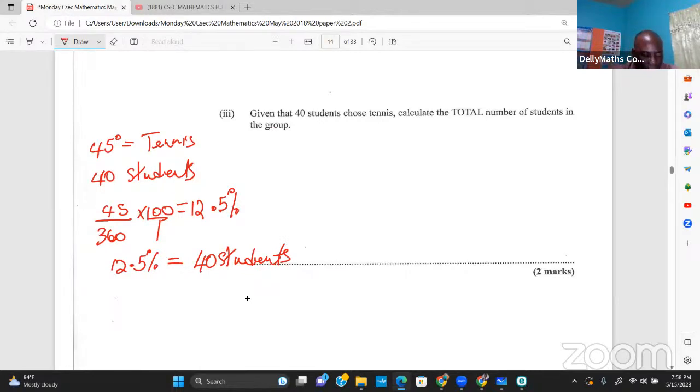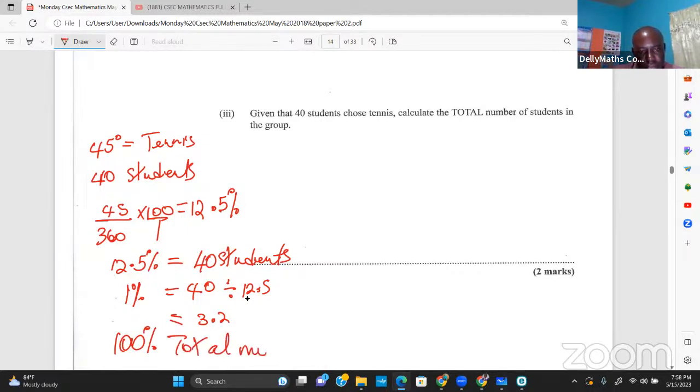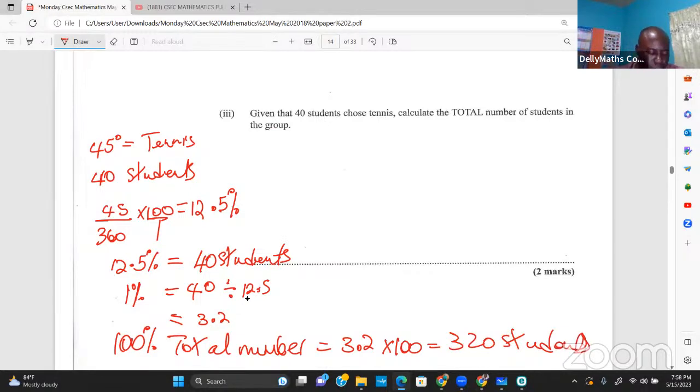Depending on how I want to go, I could say 1% is 40 divided by 12.5, and we're going to get 3.2, which means 100%, the entire group, is 3.2 times 100, and that is 320 students. That's one approach.